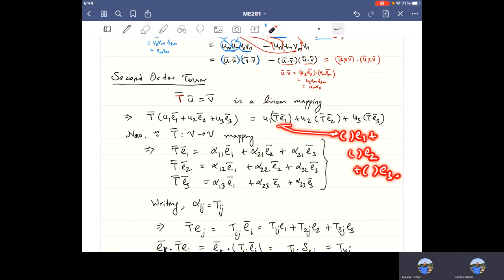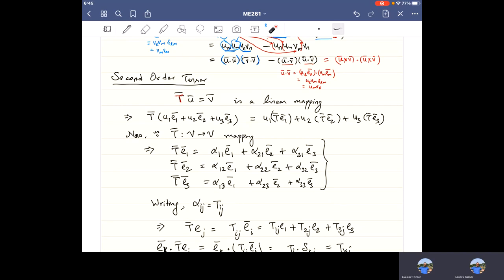Because e1 is fixed, this mapping is going to be fixed too. Then it will be alpha 11 e1, alpha 21 e2, and alpha 31 e3. Similarly, T of e2 can be written as alpha 12 e1, alpha 22 e2, alpha 32 e3.